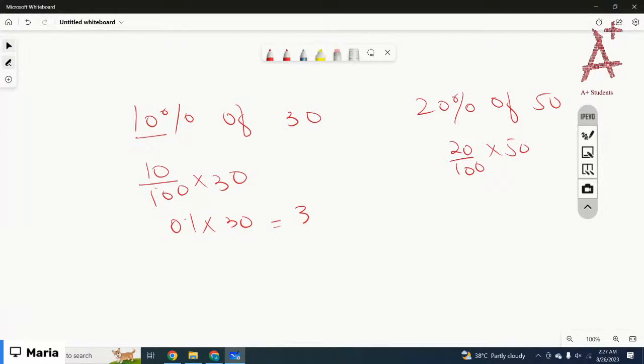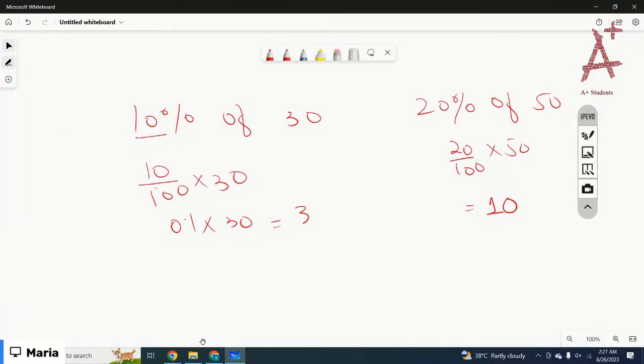So it would be 50 times 20 is 1000, and 1000 over 100 is 10. 20% of 50 is 10. The correct option is 10.